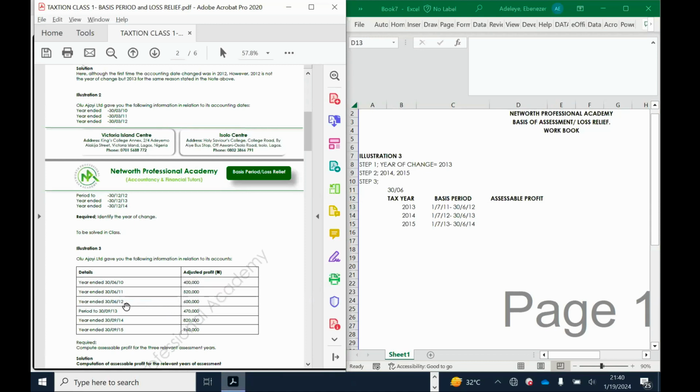So what we are saying is that a day after 30th June 2011 to this year end, how much did they make in that period? How much did they make in that period?